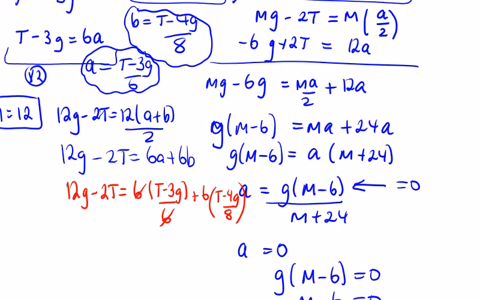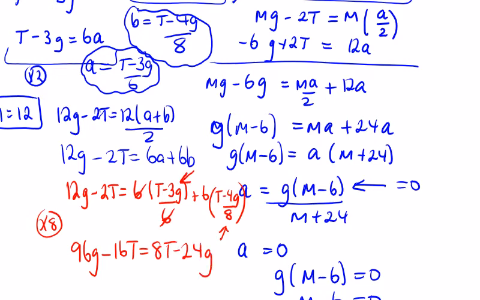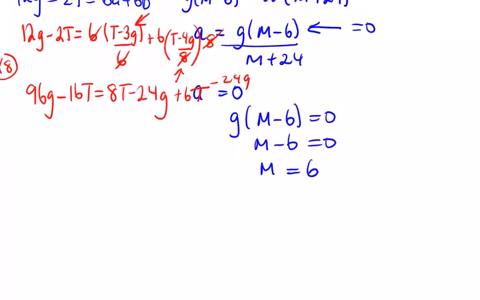So I need to multiply by 8 to get rid of this denominator here, so I'm going to get times 8, 96g, minus 16t is equal to 8. I'm multiplying this guy by 8, 8t minus 24g. And if I multiply this one by 8, they cancel, leaving me with the 6, so plus 6t minus 24g. Apologies for the untidiness.